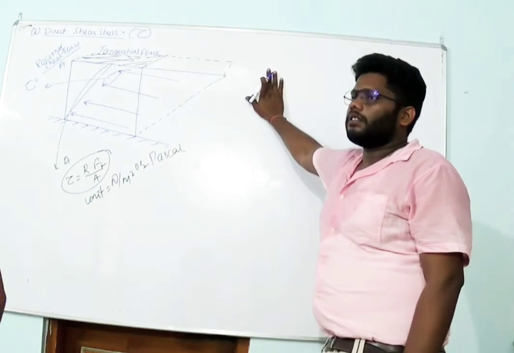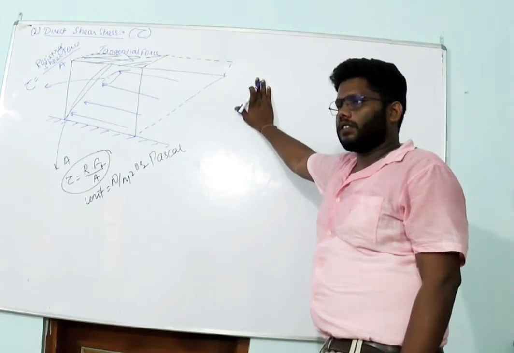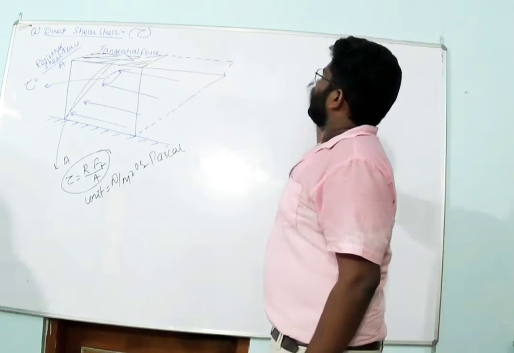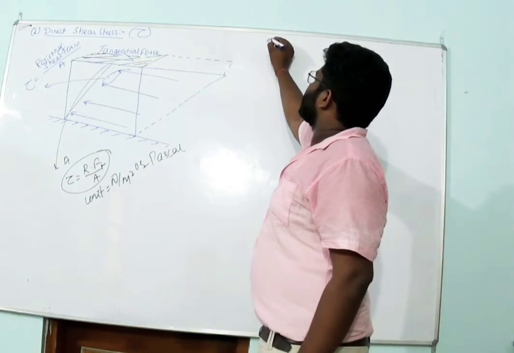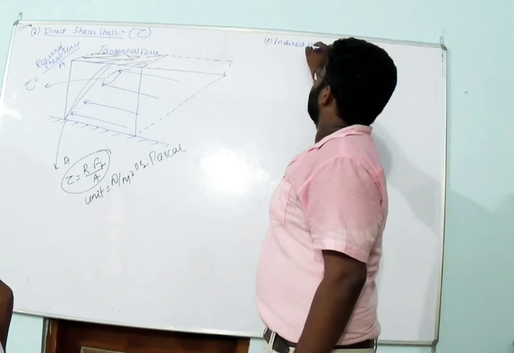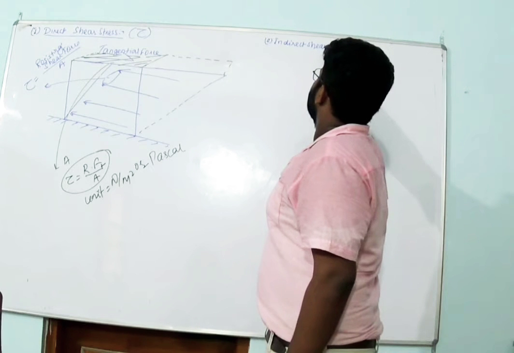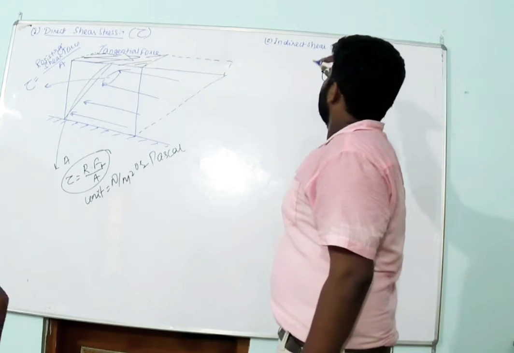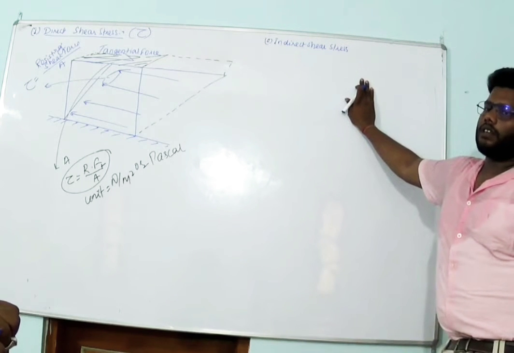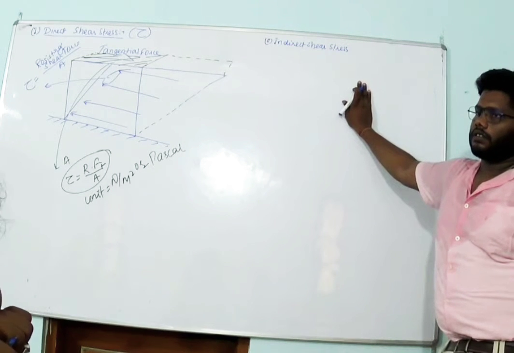Direct shear stress is when the load is applied tangential to the surface directly. Next we can go to the indirect shear stress. So what is indirect shear stress? That means the tangential load is not applied directly over the surface.